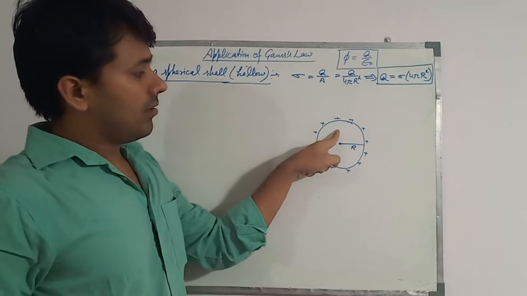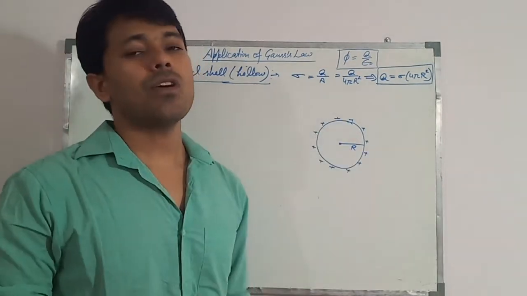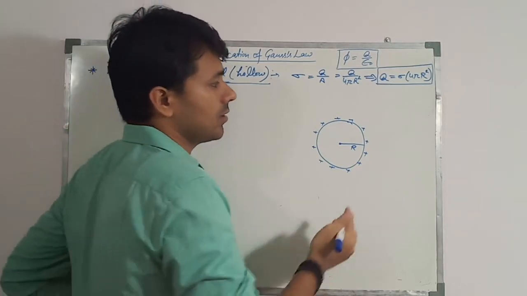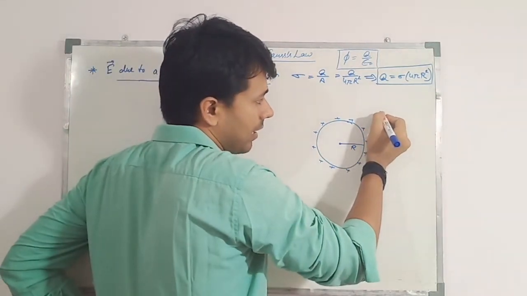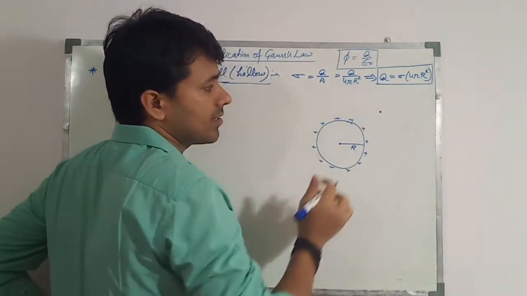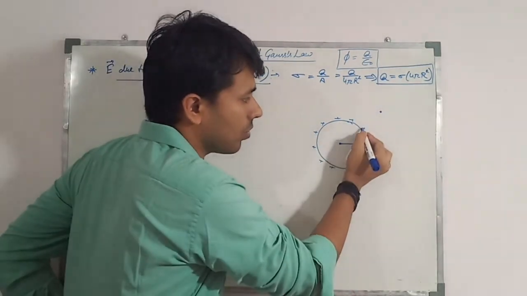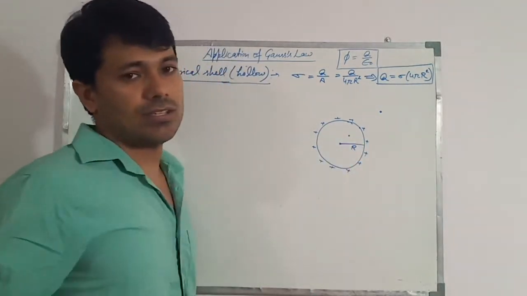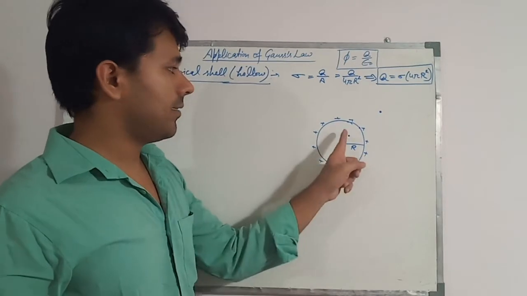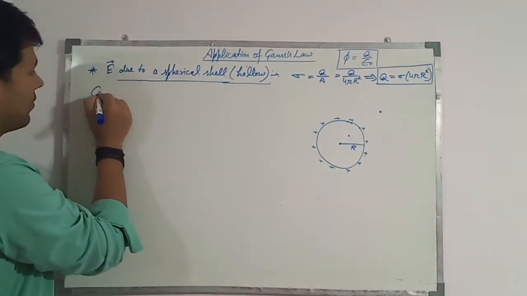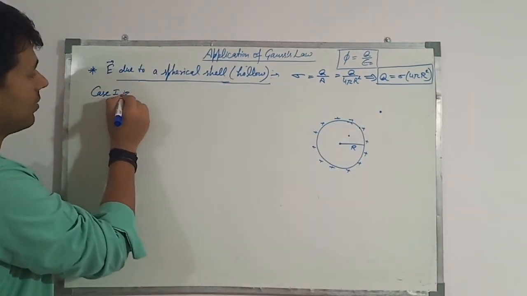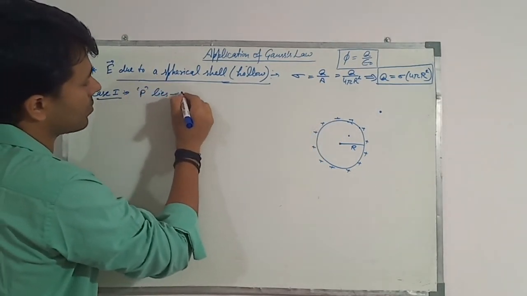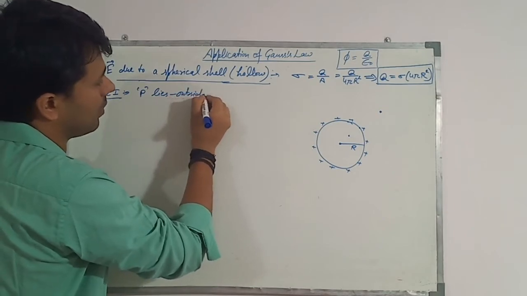Now, due to the shell, we have 3 points where we can find the electric field. One is outside the shell, the second is on the surface of the shell, and the third is inside the shell, right? So case first: when point P lies outside the shell.